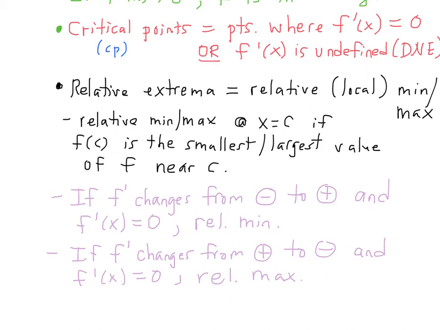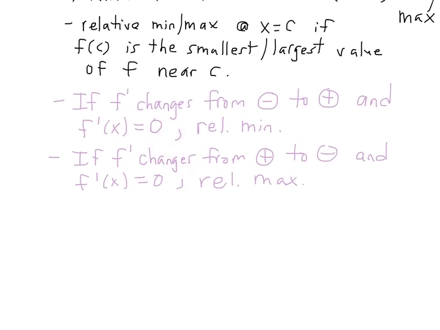One more term here to be aware of, and that is absolute min or max. So we talked about finding a relative min or max, that's within smaller windows of the graph. An absolute min or max is exactly what it sounds like.